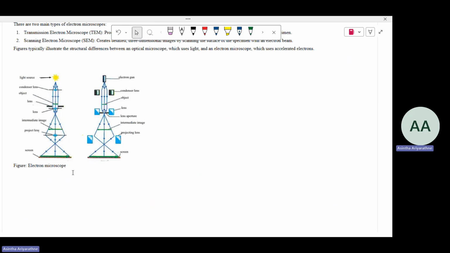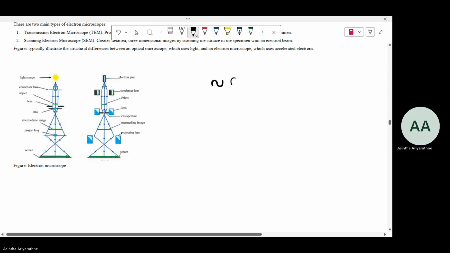But it depends on reflection: if the wavelength is small enough compared to the object, it could get reflected.